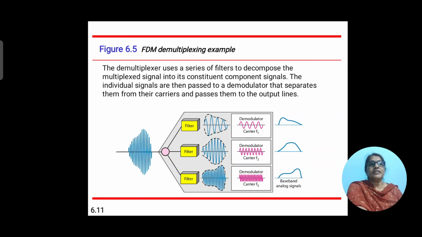The individual signals are then passed to a demodulator that separates them from their carriers and passes them to the output lines. In this slide we have a figure in which the signal is filtered, and by the demodulator we separate the carriers, that is F1, F2 and F3, giving the output signals.